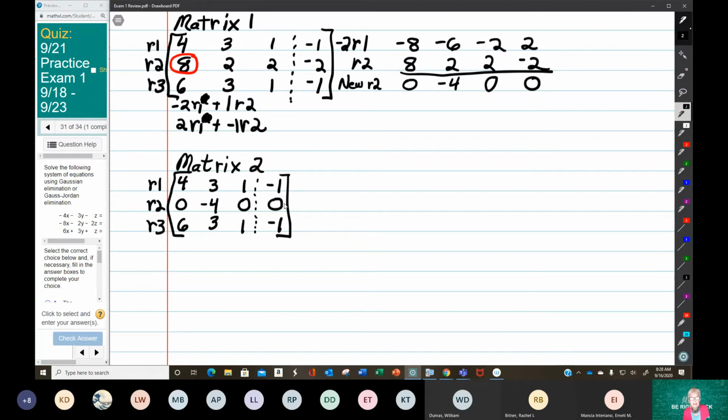Or they might all be on top of each other. Or two might be on top of each other. So there are different problems with this. So I took a sigh of relief that I at least have a -4 there, even though the rest are zeros. Now, my next goal, you don't have to understand what I just said. You will understand someday if you go to finite math.